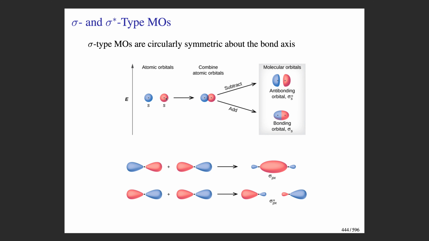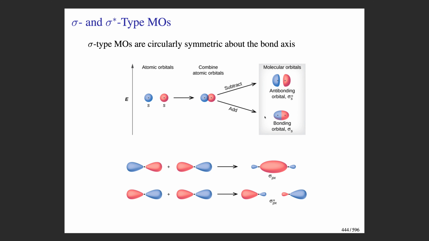What we're going to be doing is combining these two waves together. We can combine them by adding them, or by subtracting them. When you add the two wave functions together, you wind up getting electron density that can be shared between the two atoms. And so this leads to a bonding orbital.